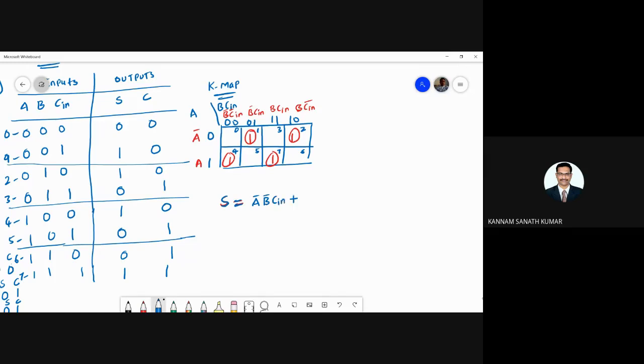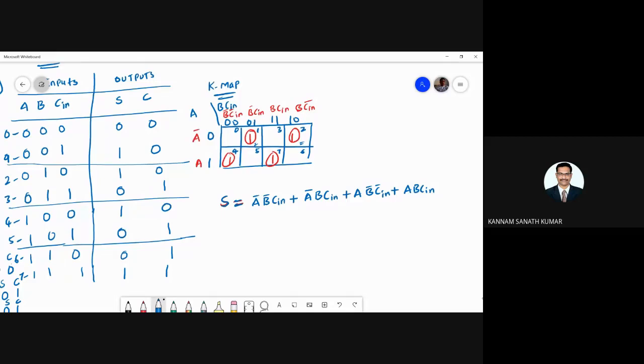So this one I am writing. Okay. And next, A bar, B, C bar in, plus A, B bar, C bar in, plus A, B, C in.